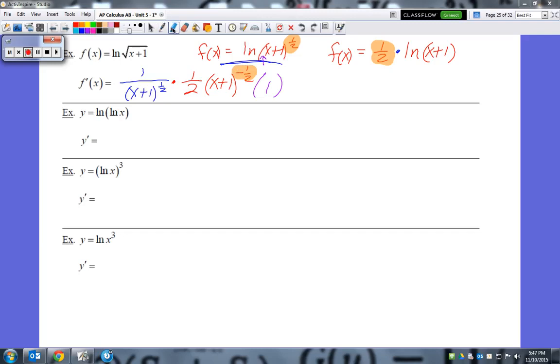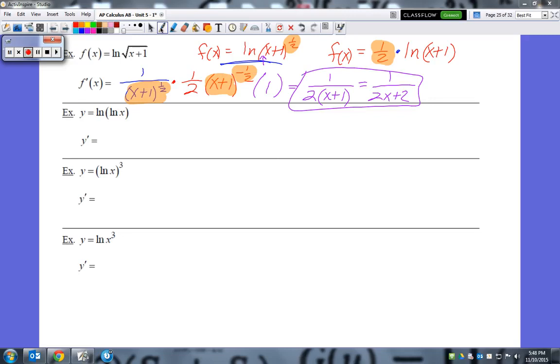Well, immediately I see this negative power. It tells me that this is going to be in the denominator. So it will combine with this one over here to become just x plus 1. So it should simplify to 1 over 2 times x plus 1. And if you wanted to, you could write it as 1 over 2x plus 2 if you wanted to have it without parentheses. So either way, these are the answers.